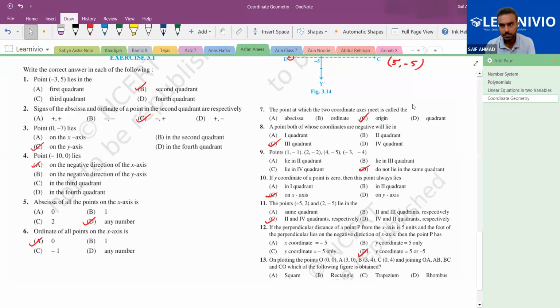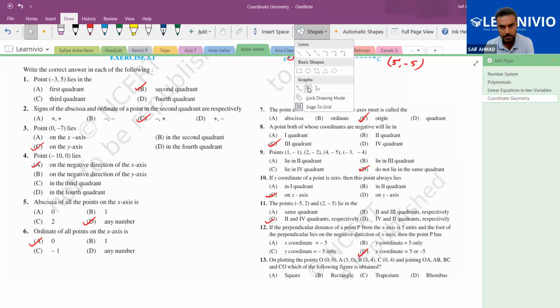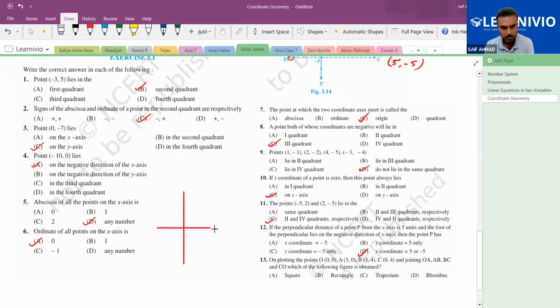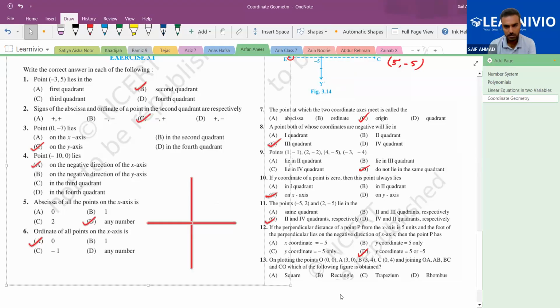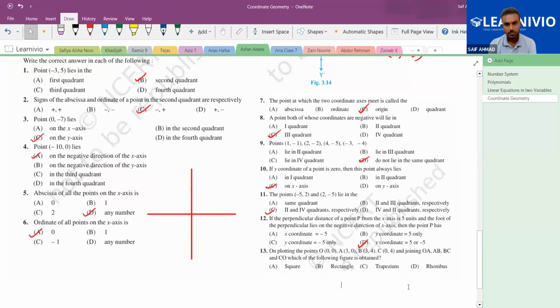Perpendicular distance of a point P from the x-axis. One second, I'm making a shape here.